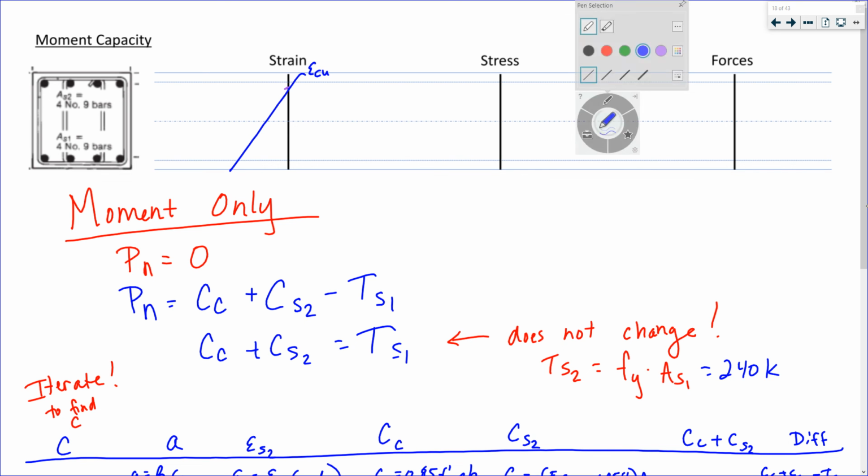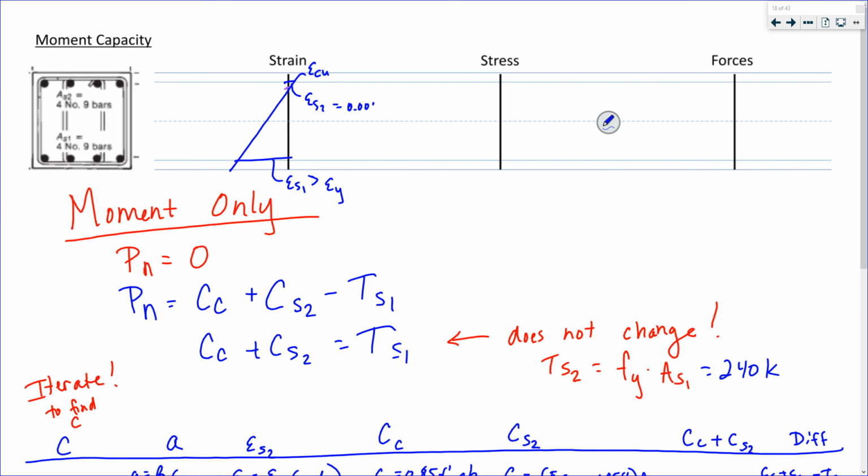ECU, right? ES1 is greater than yield. We all know that. This is my ES2, which I found to be about 0.0008, or 0.26 instead of minus fourth.